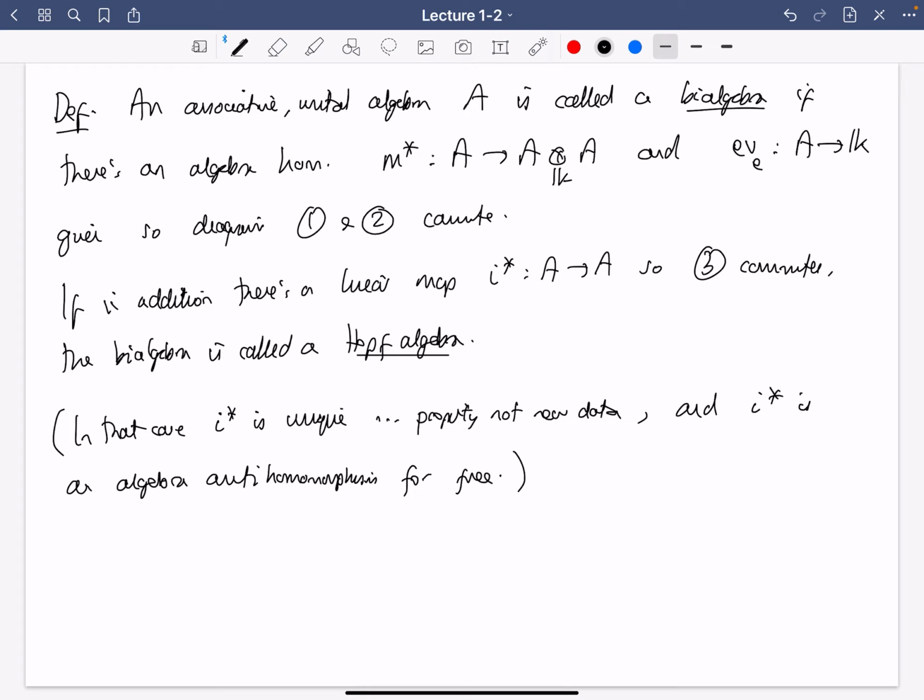So homomorphism and anti-homomorphism is just the same thing. So that's consistent with what we were doing. This definition that I'm giving you here of bialgebra and Hopf algebra, I didn't assume my algebra was commutative. But if you have an algebraic group, the coordinate algebra is actually a commutative Hopf algebra in this way.